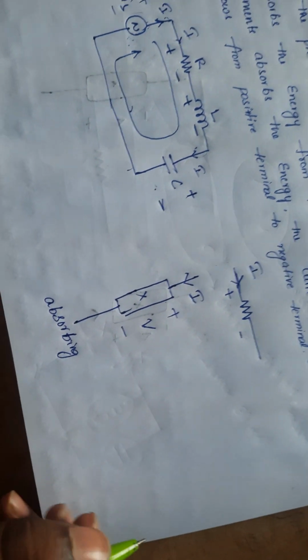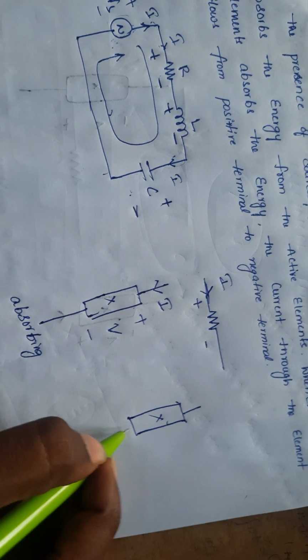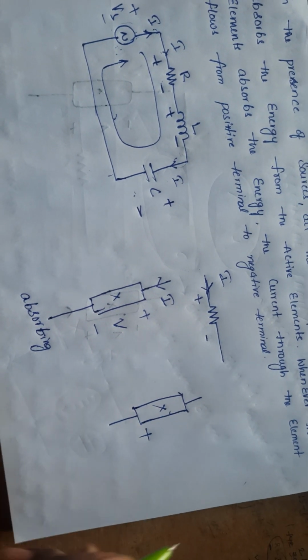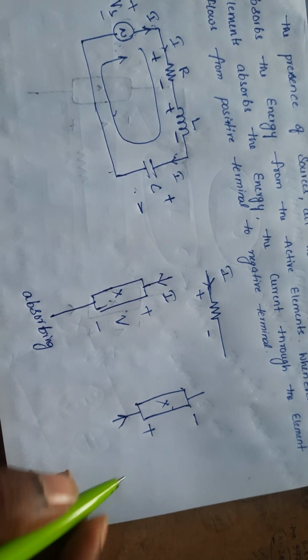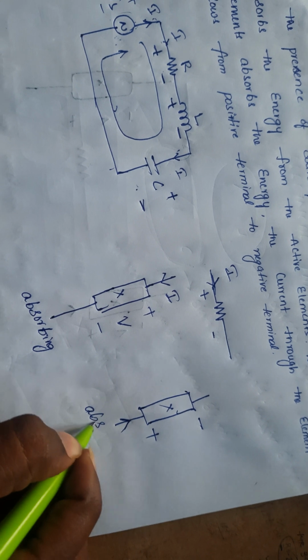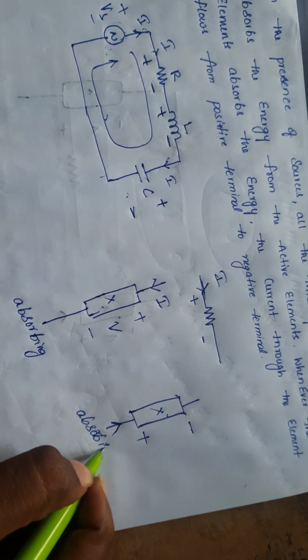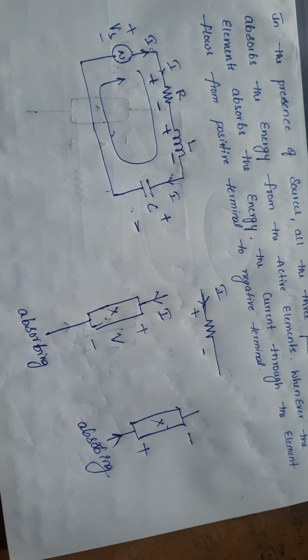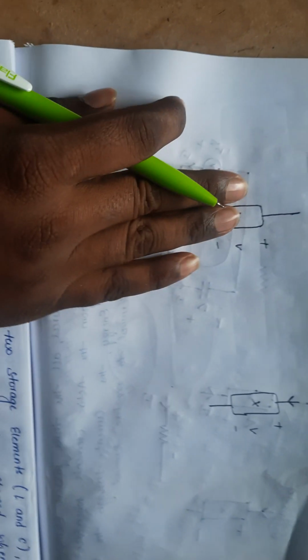This is the element x. This is the positive terminal and this is the negative terminal. Current flow is this. It is also absorbing.